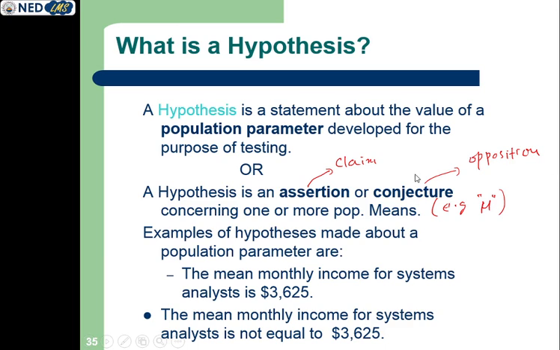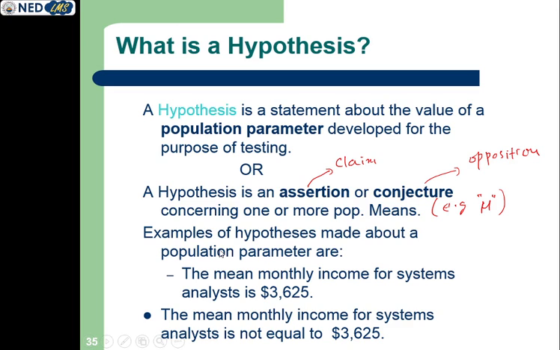So students, this is what we call testing of hypothesis. A person claims something, another person opposes that claim, and in the end one of them must be right. Either the person's claim is true or the opposing person is right. This is the idea behind testing of hypothesis.